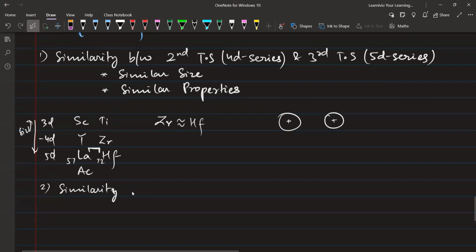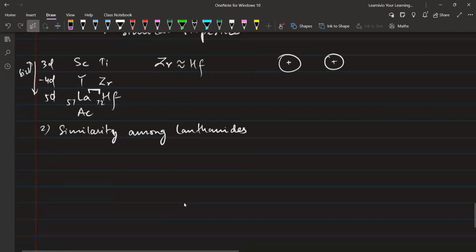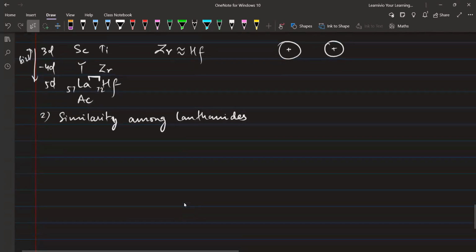Now, next is similarity among lanthanides. The lanthanides show very similar properties also because of the same thing that we have discussed here. In them the size keeps decreasing with only very small changes happening, and they will have positive charge as they are mostly metals. That is why they behave very similarly.